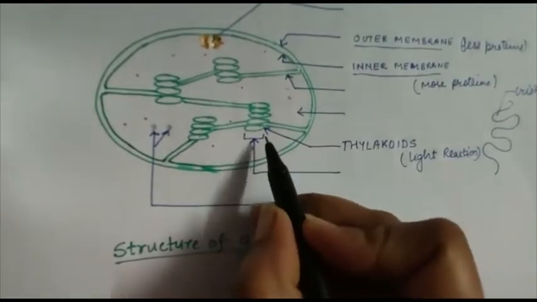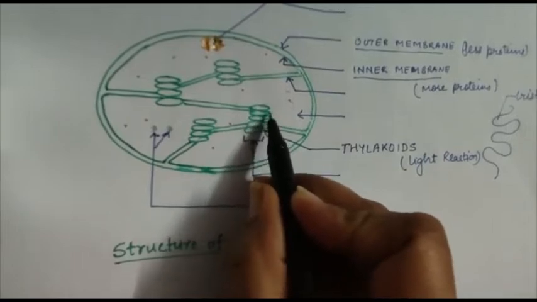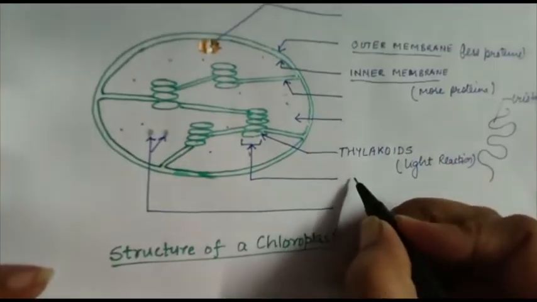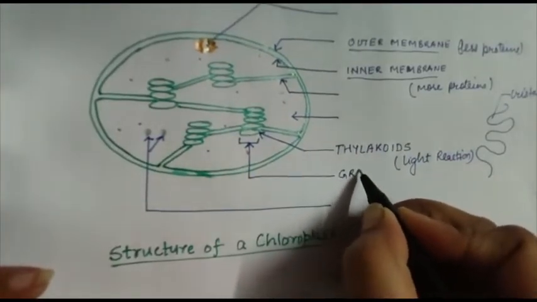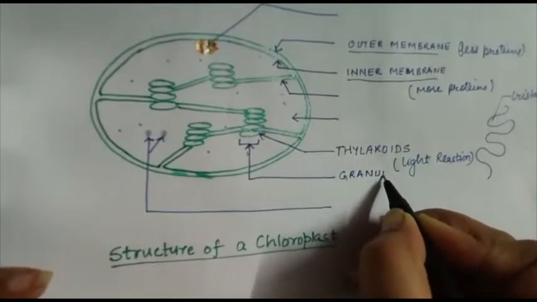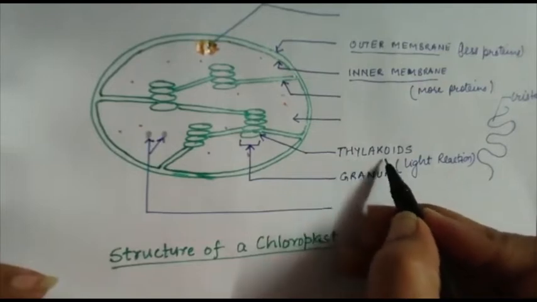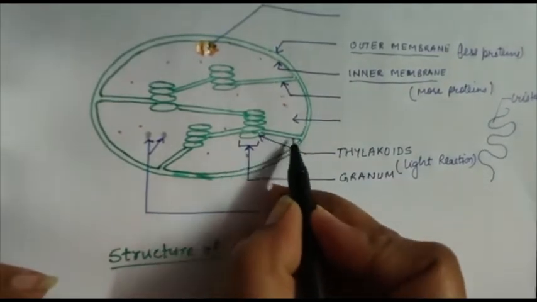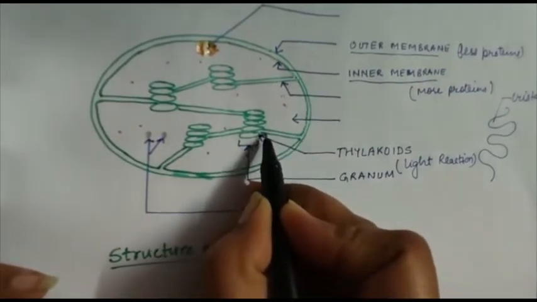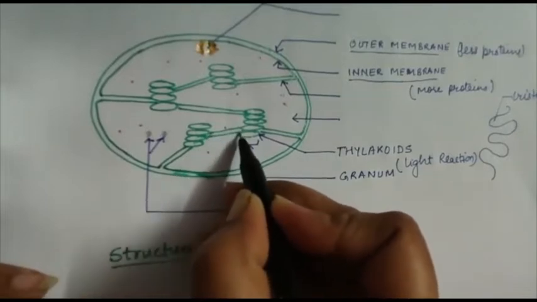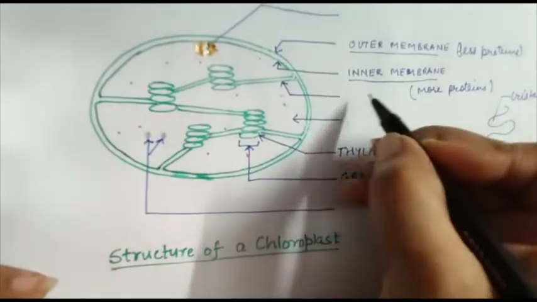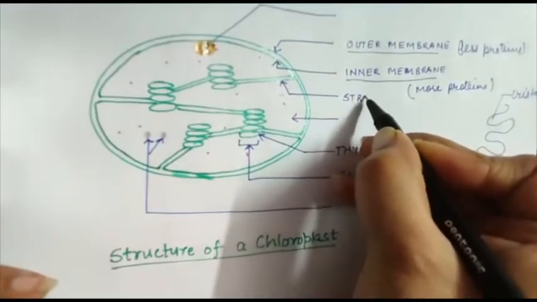Now, these are piled up or stacked one over the other, and this stack is known as the grana, or granum as the singular form. Now, these thylakoids are connected to the inner membrane and with each other as well, with the help of stroma lamella.